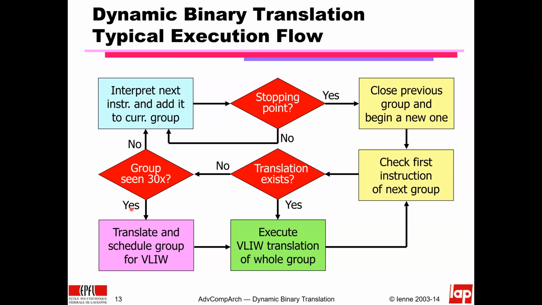Now that I have it, I can execute. It's native code, very efficient, and I'm going very fast, and I obtain the same result that I would have obtained by going on the path on the top of the slide, but I have done the green path, and I have executed more efficiently. And now I find myself again in the next group, and I ask myself, does a translation exist? And so on and so forth.